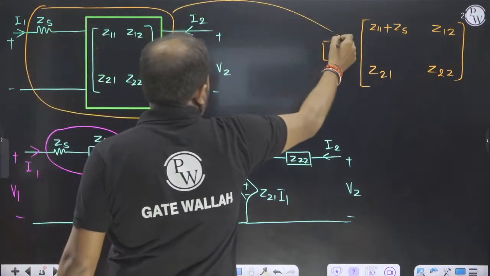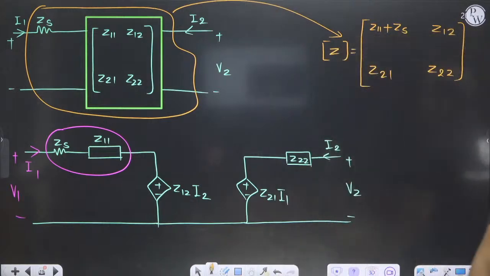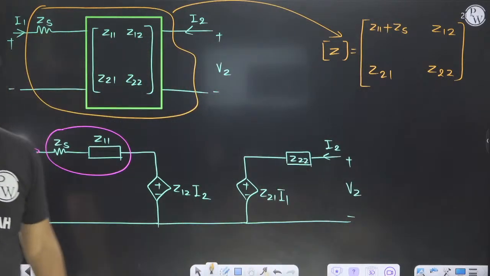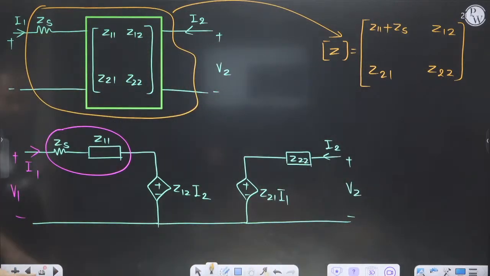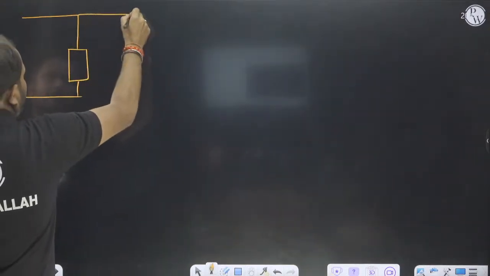It is very simple. Just replace the network, you will get the answer. It will be a very simple question. Like that we have Y parameter, current source.